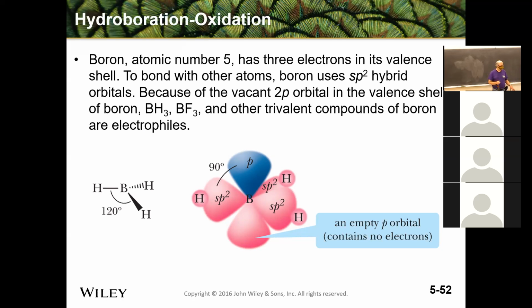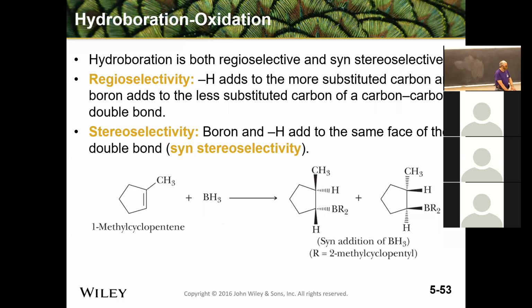The other thing is that hydrogen actually is more electronegative than boron. So this reaction is not only regioselective, but it is stereoselective. The boron and the hydrogen are added to the same side, cis or syn to each other.